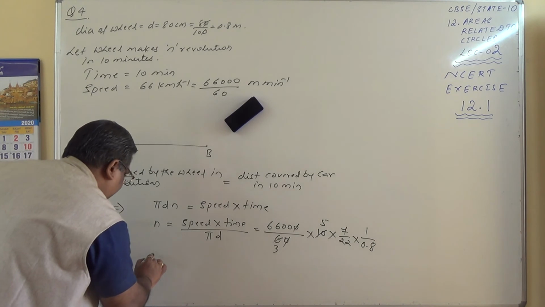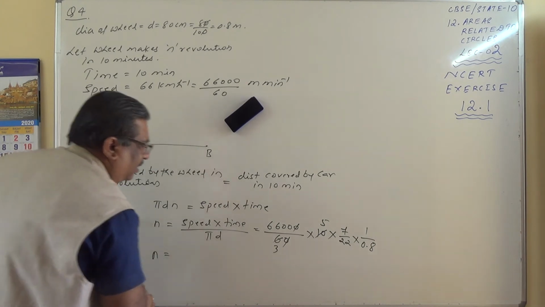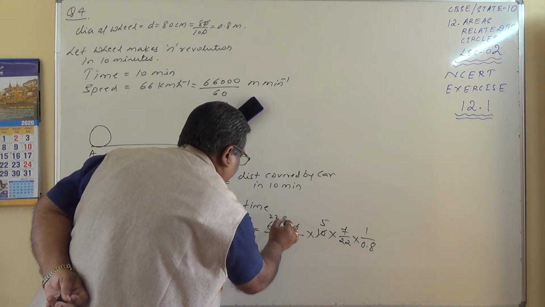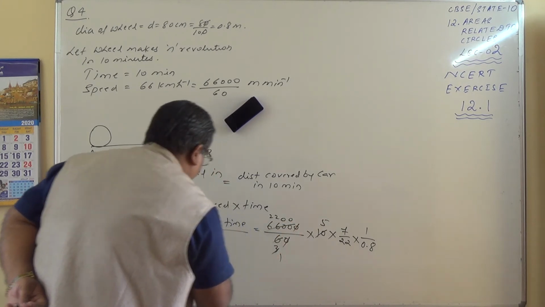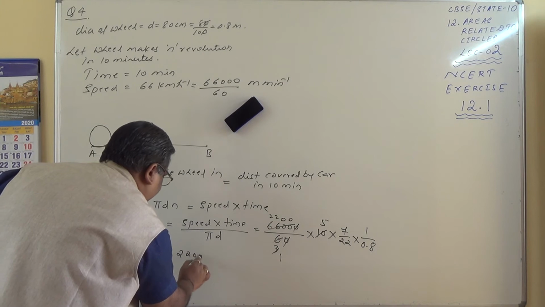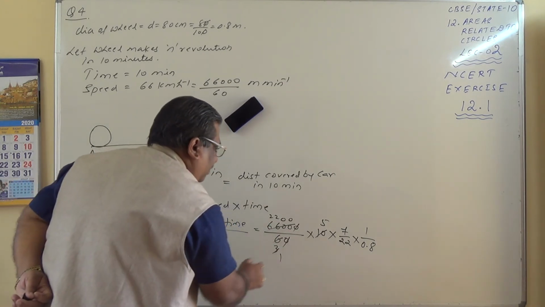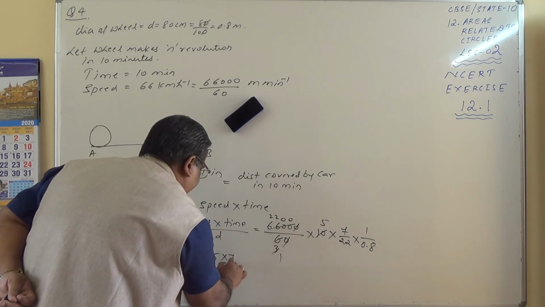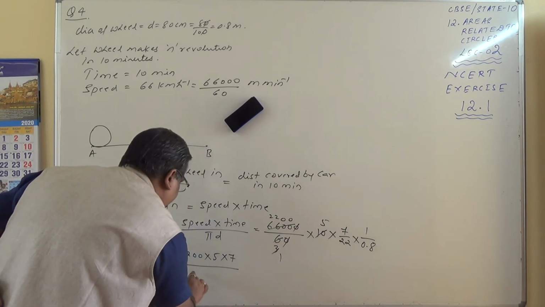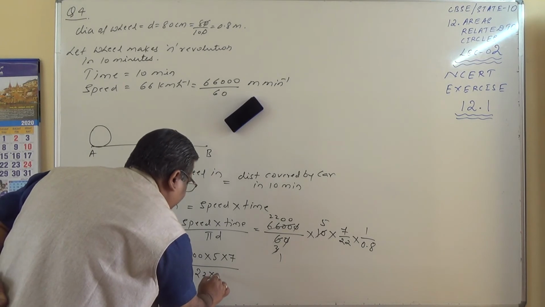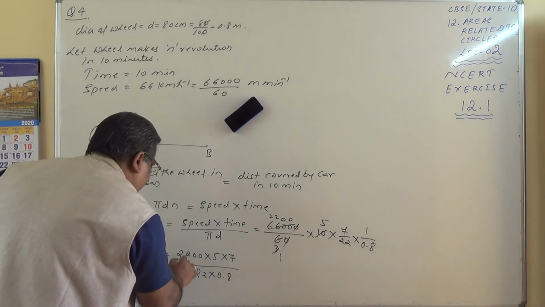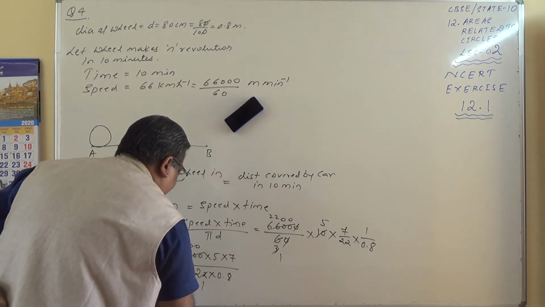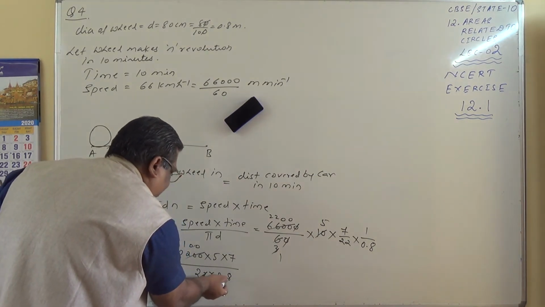So n is equal to 3 1s are, 3 2s are 10, 10. 2200 into 5 into 7 divided by 22 into 0.8. So 22 ones are 100.